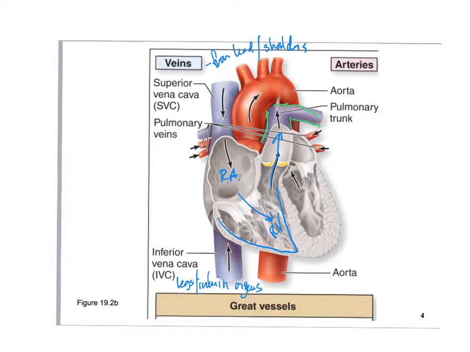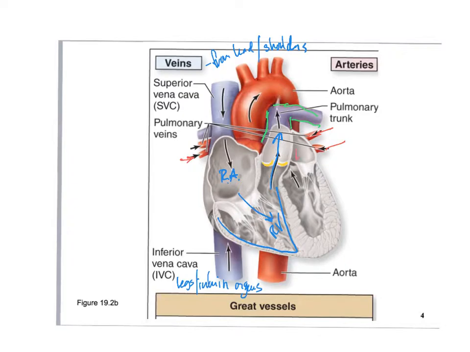All right? And now, in the lungs, what happens? Gas exchange, right? The blood becomes oxygenated. Oxygen is loaded onto hemoglobin, and now it has to come back from the lungs, back towards the heart, through the pulmonary veins.